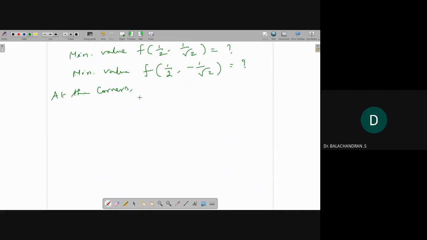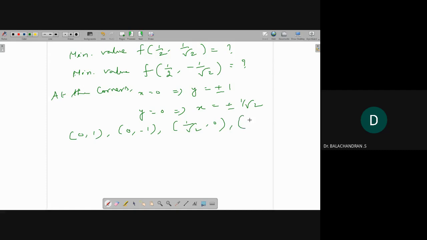When x is equal to 0, we have y equal to plus or minus 1, and when y equal to 0, we have x equal to plus or minus 1 by root 2. So there are 4 corners: 0 comma 1, 0 comma minus 1, 1 by root 2 comma 0, and minus 1 by root 2 comma 0.